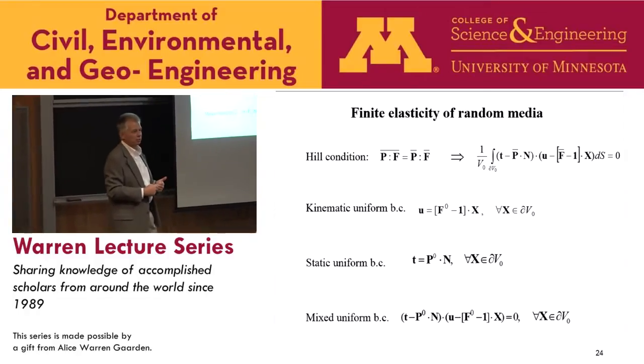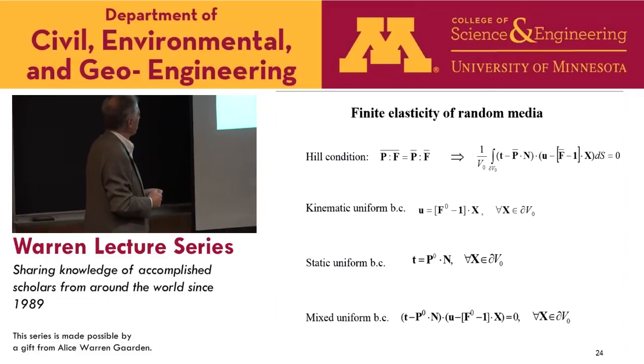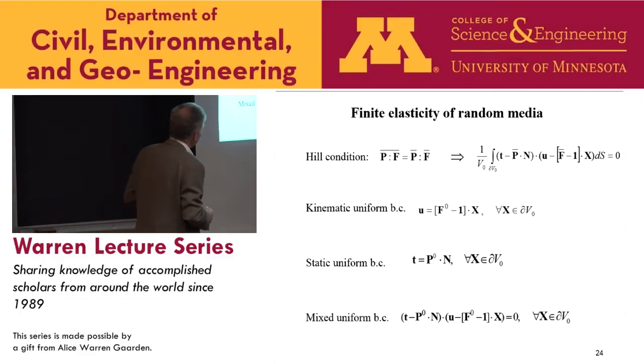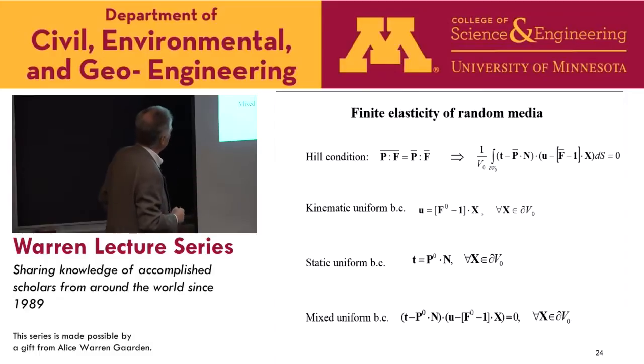And luckily, there's one pair which is behaving nicely. And there's the pair of first Piola-Kirchhoff stress tensor and deformation gradient tensor. And they allow us to write this uniform kinematic boundary condition in a linear way. Whereas if you take the second Piola-Kirchhoff, it doesn't work, and so on. So it's very interesting. There's one good pair to work with.